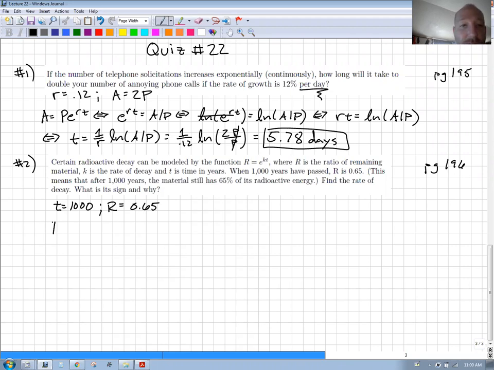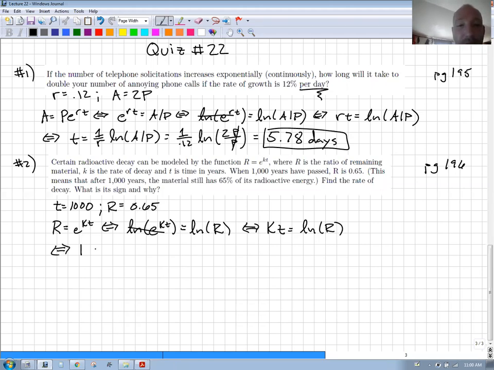So we start off with R equals e to the kt. If we're solving for k here, we can take the natural log of both sides. Those undo one another. We have kt equals the natural log of R. So if we want k by itself, we're dividing by t.